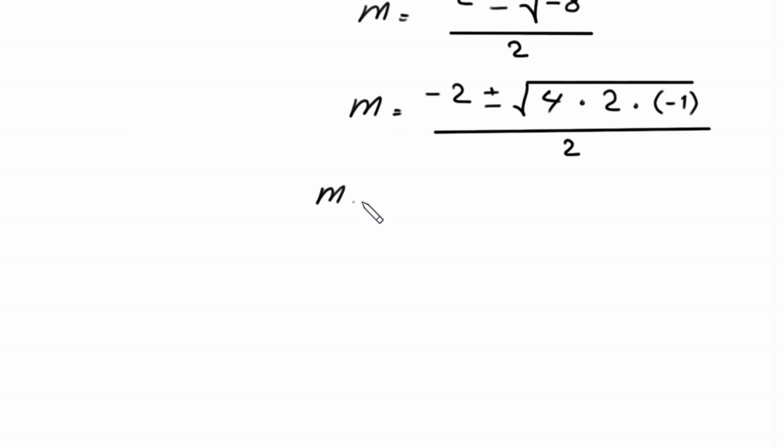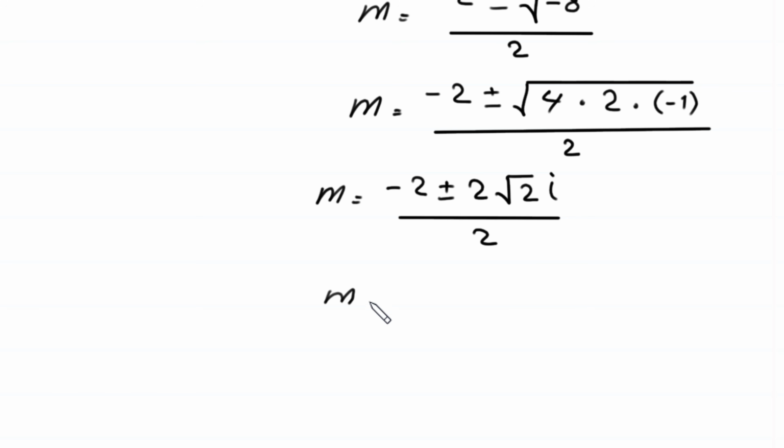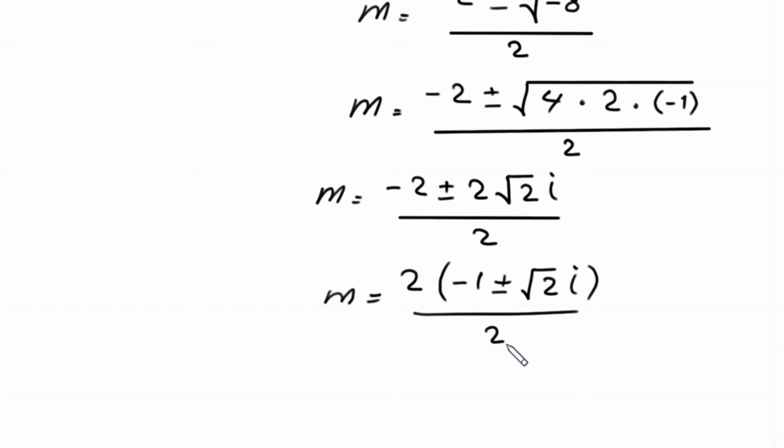Next, m is equal to negative 2 plus minus, this square root of 4 is 2 times square root of 2, and this square root of negative 1 is i, divided by 2. Next, m is equal to, from the numerator we can factor out 2 as common factor, and in bracket left negative 1 plus or minus square root of 2 times i, divided by 2.